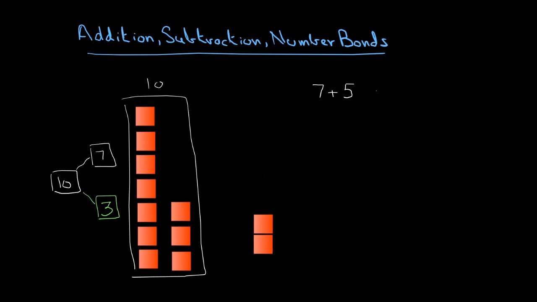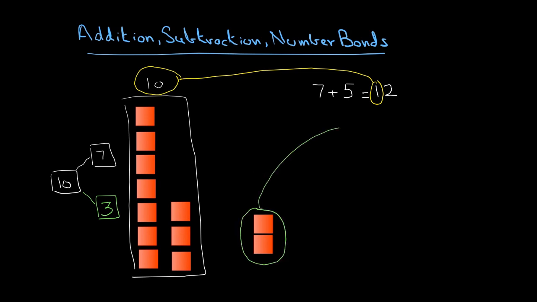So that means the answer is going to be 12, because it's 10 and 2 which make 12. And this 1 is a reminder that this is a box of 10, and these 2's right over here are reflected in the 2 right over here.